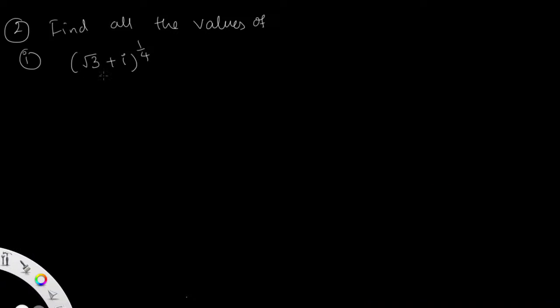So that is (√3 + i) to the power of 1/4. The next question is given in a similar way, (-i) to the power of 1/6, and the third question is (-32) to the power of 1/5. All of those use the same formula, but you convert it to nth roots of unity.